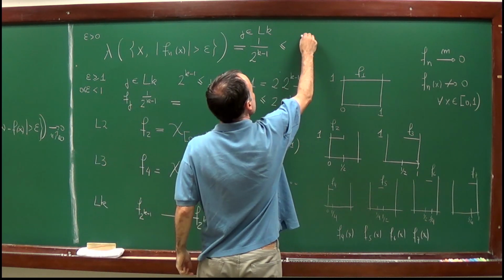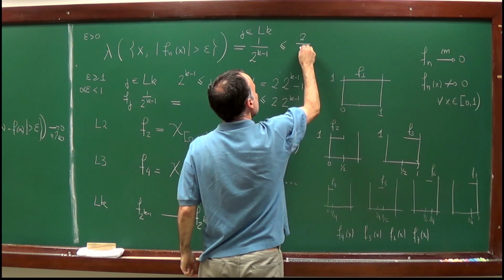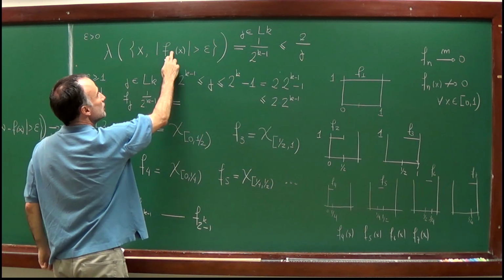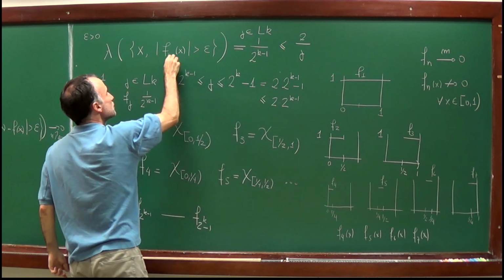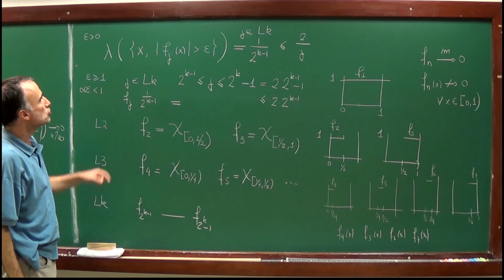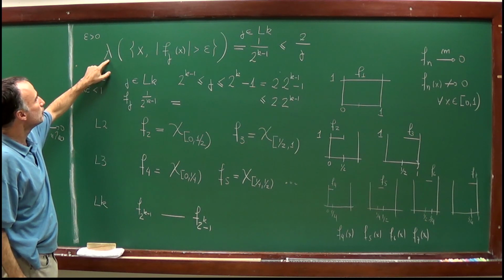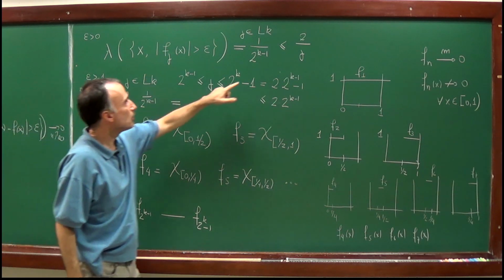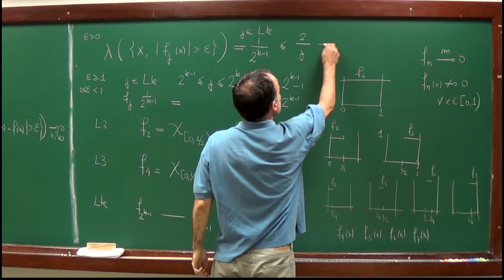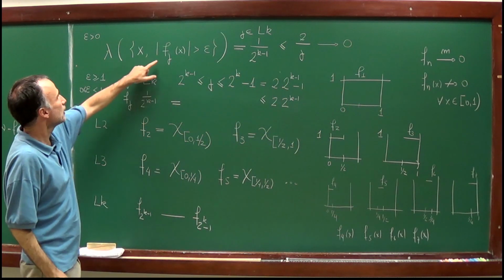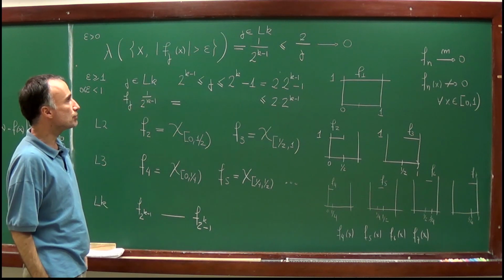So this object is bounded above by 2 over j. So what we proved is that for any j, the measure of this set is bounded by 2 over j, which indeed converges to 0, and this proves therefore that f_j is converging to 0 in measure.